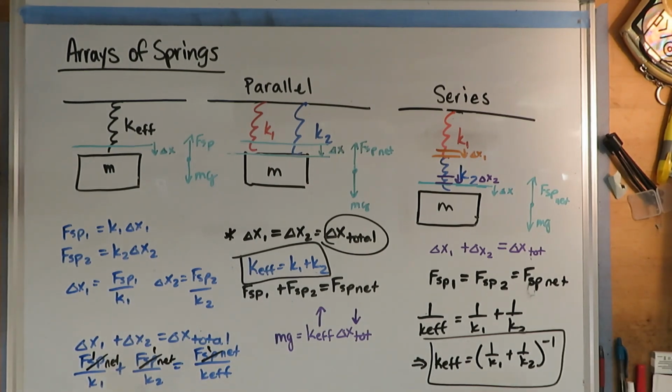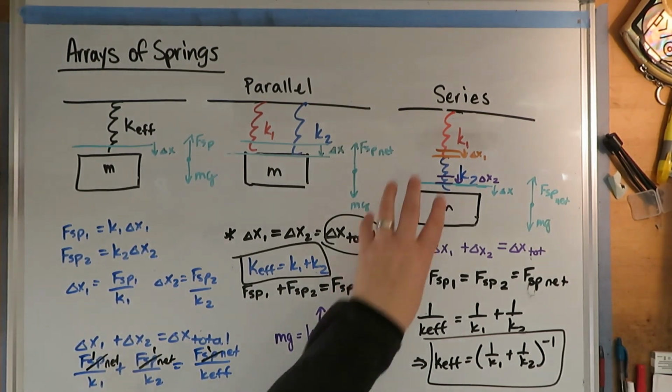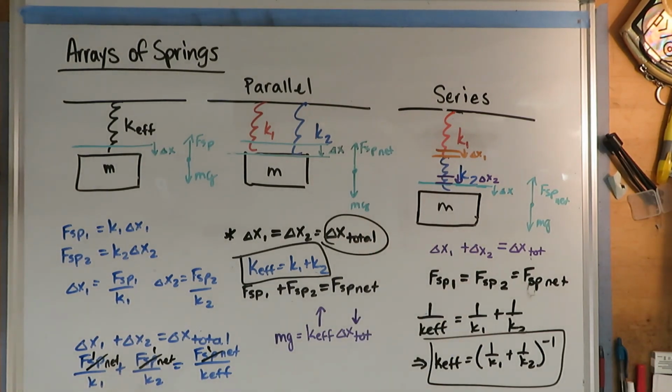Over here, this one basically says the opposite. This actually says that if I put these things in series, they are going to have an overall lower effective spring constant, and they're going to end up keeping whatever stretch they're going to get, because they're all going to stretch out to equilibrium.